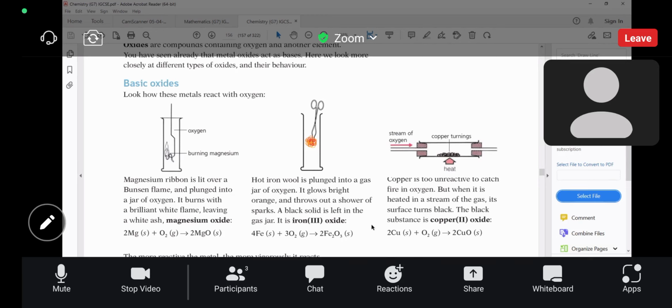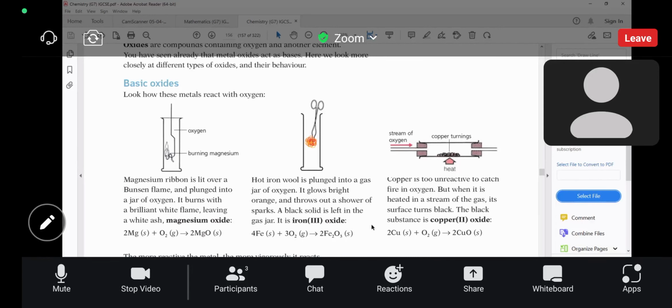Normally here we consider only metals. These all are metals, but hydrogen is a non-metal. But we include hydrogen in this series just to compare. So hydrogen, copper, Hg, Ag, Pt, Au.